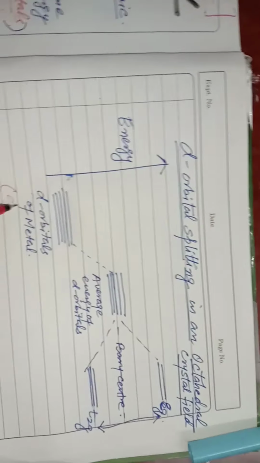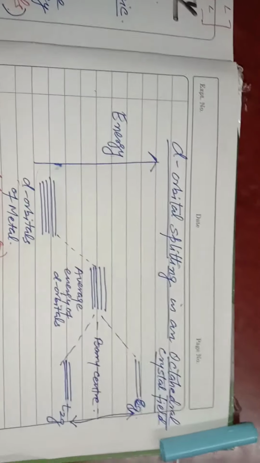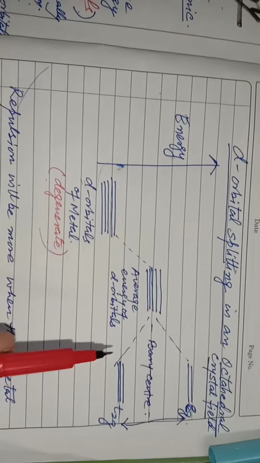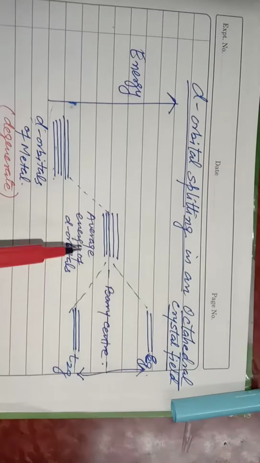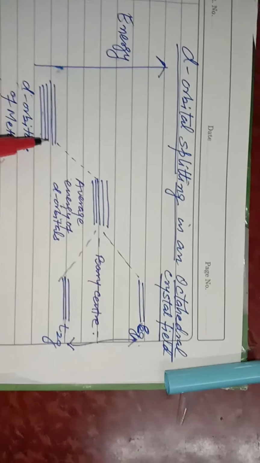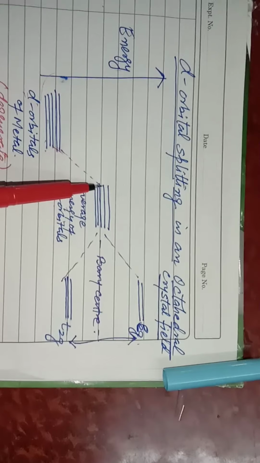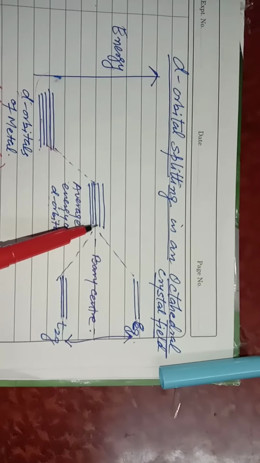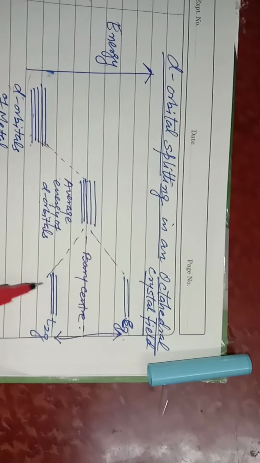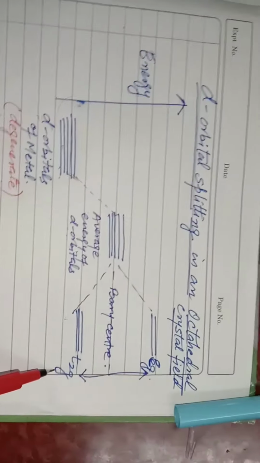Here these are degenerate d orbitals. When ligands approach the central metal atom, the average energy of the d orbitals will increase. Then ultimately they split up into two groups, Eg and T2g.